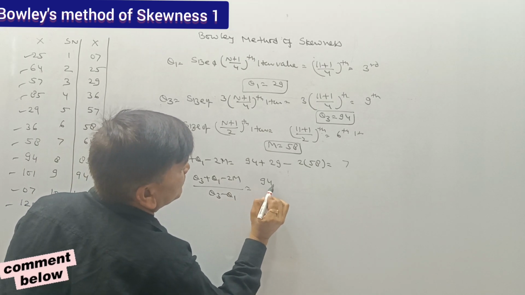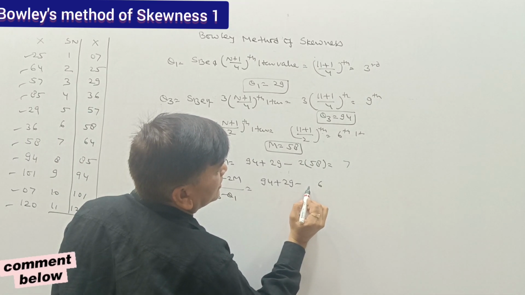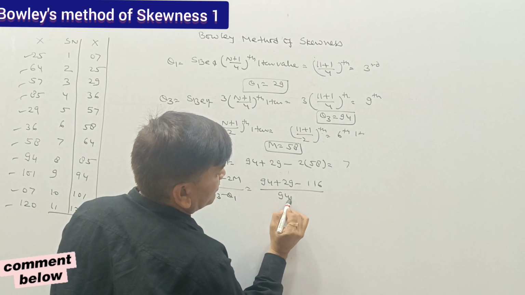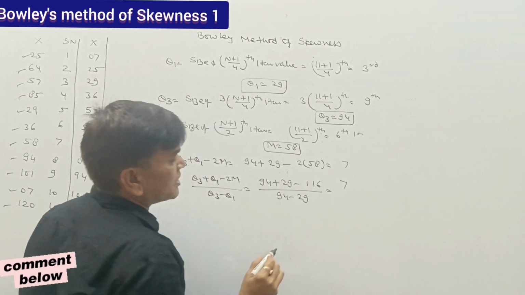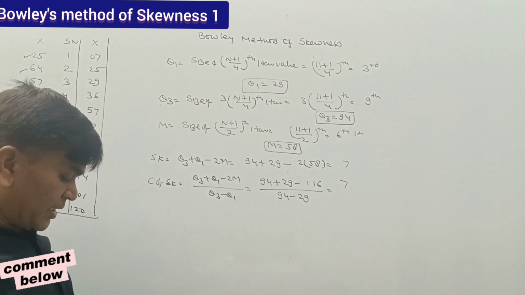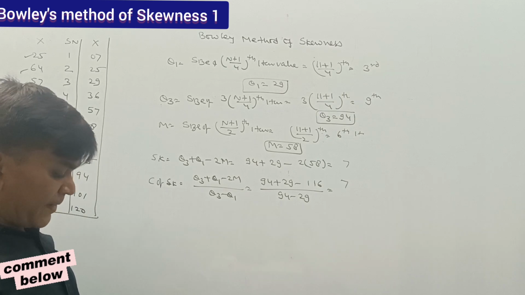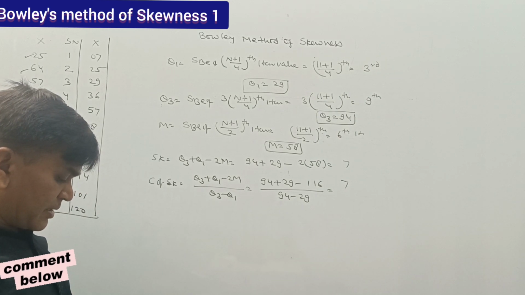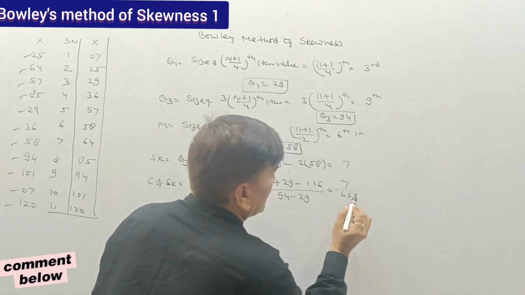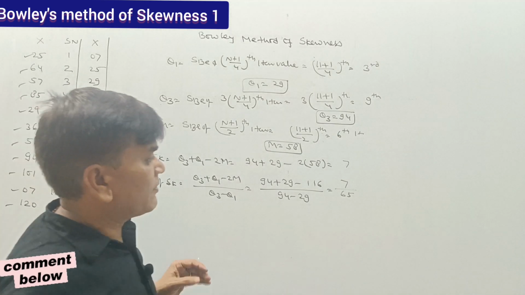So that is 94 plus 29 minus 116, divided by 94 minus 29. The value is 65. So 7 divided by 65, that value is 0.107.